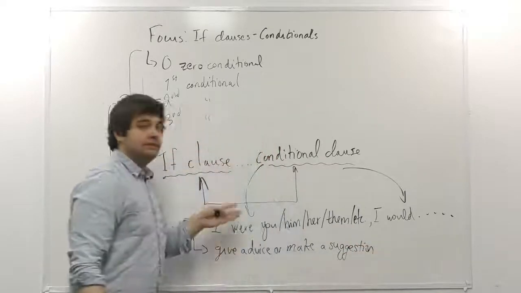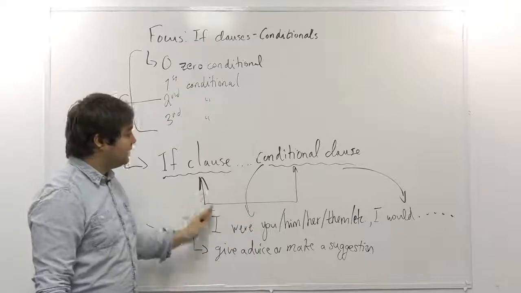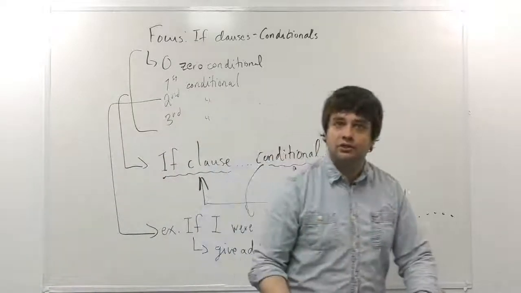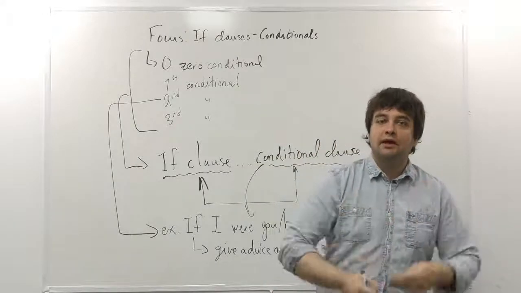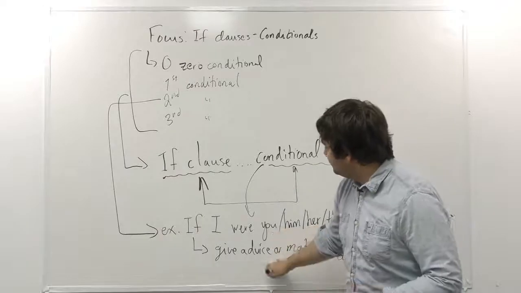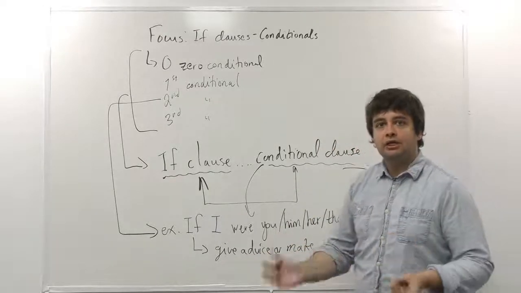So this is, of course, the second conditional. This is an if clause. And also, remember, the second conditional is usually used in an imaginary situation when something is very unlikely going to happen. But we use this one specifically to give somebody advice or maybe make a suggestion to someone.